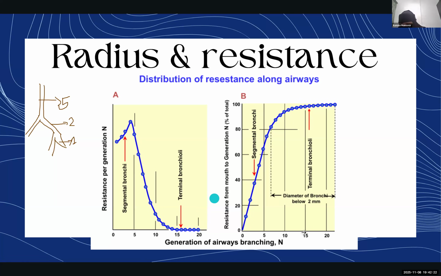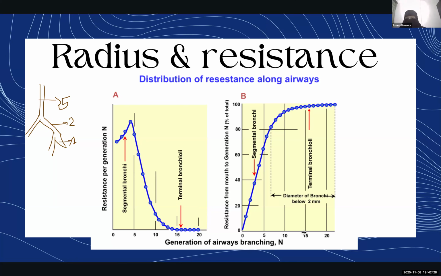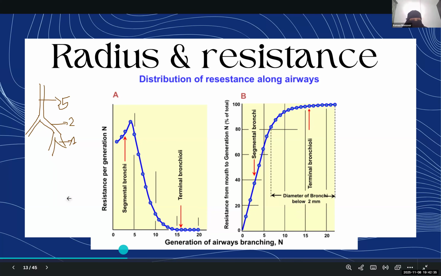So bronchi divide and radius decreases, but because of the large number of bronchioles present in the end, the resistance decreases at the end. Absolutely correct. You got it perfect, Mariam. That's what you need to know from this picture. That's all that you need to know.